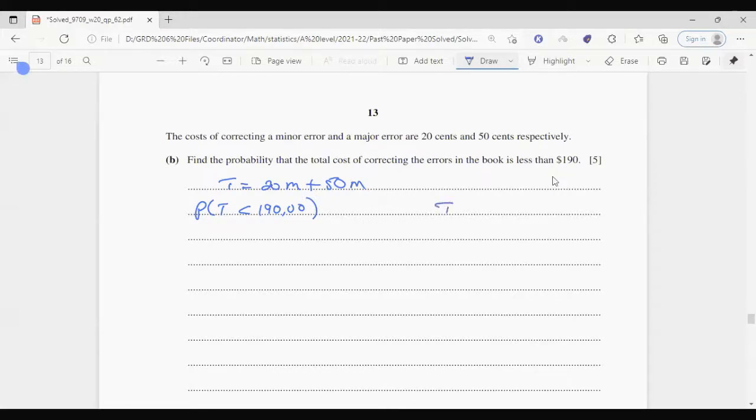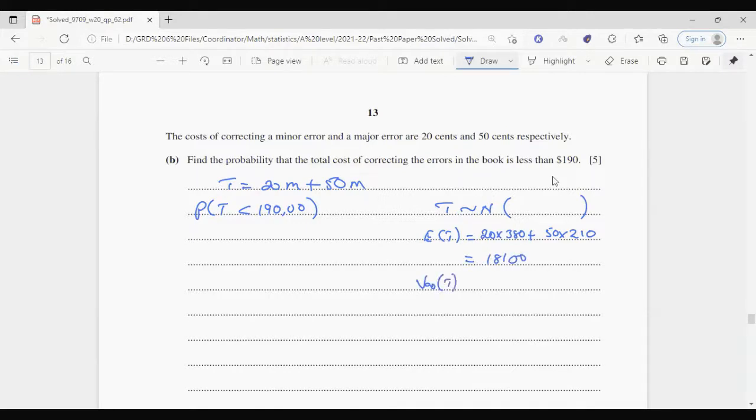So we need to find the distribution for T. The expectation of T is equal to 20 times the mean of minor, 380, plus 50 times 210, which gives 18100.